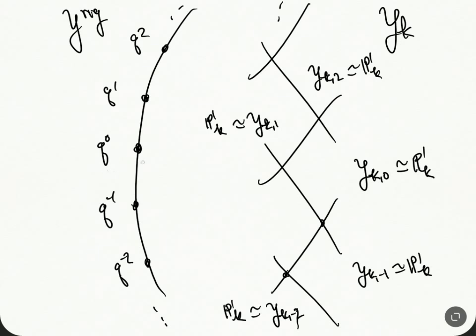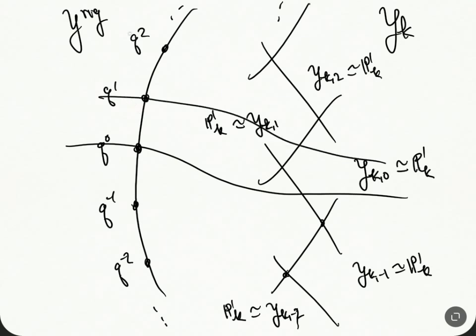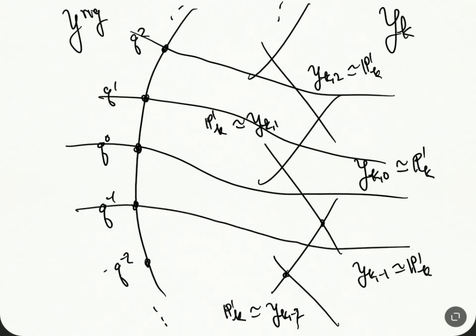But let me kind of describe. So here, I guess, is the Y_0 component. Let me describe what's happening here. So you're going to have these specializations, where this guy specializes here, and this guy specializes here.